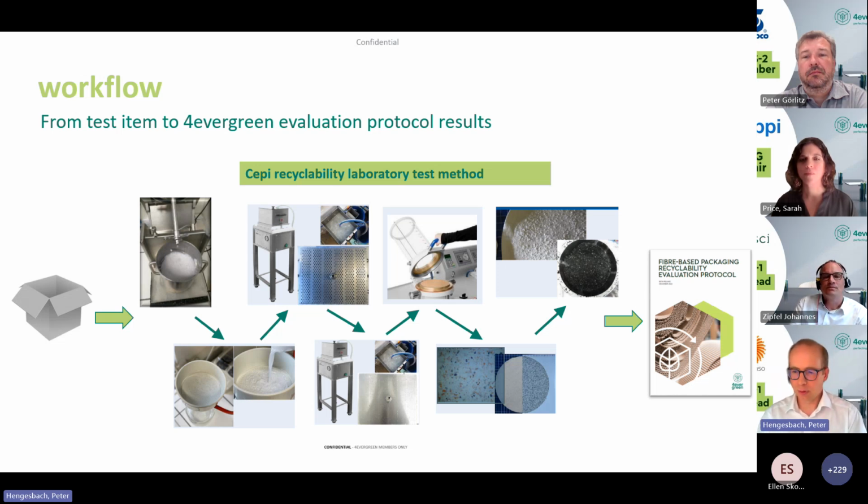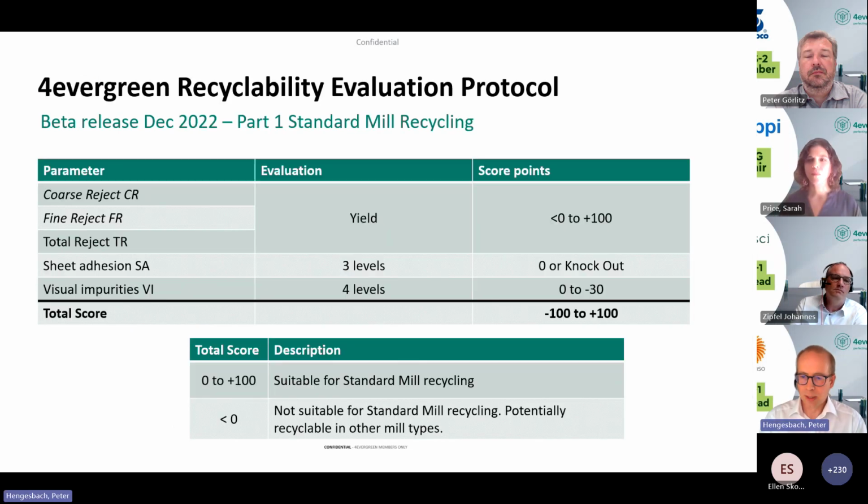And this is then the input of this whole procedure into the fiber-based packaging recyclability evaluation protocol. So the test results are the input for the evaluation protocol. The other test methods look similar, but they have dedicated conditions reflecting the industrial reference processes. The parameters that are included right now in this beta release of the evaluation protocol for the standard mills, you can see on this slide.